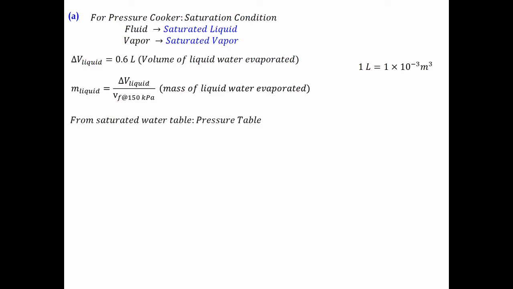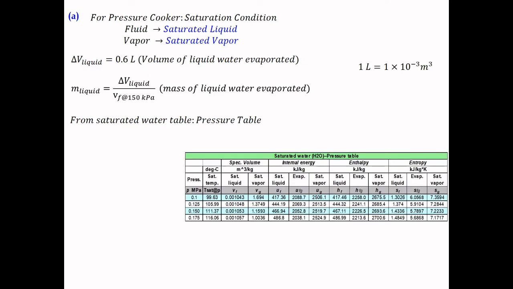Okay, from the saturated water table, based on the pressure table, because we only have the pressure value given in the question. From the table, we find the value for 150 kilopascal, which is also equal to 0.15 megapascal. We need to find the value of Vf.